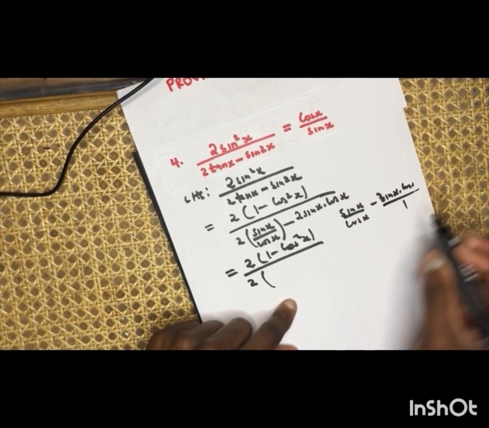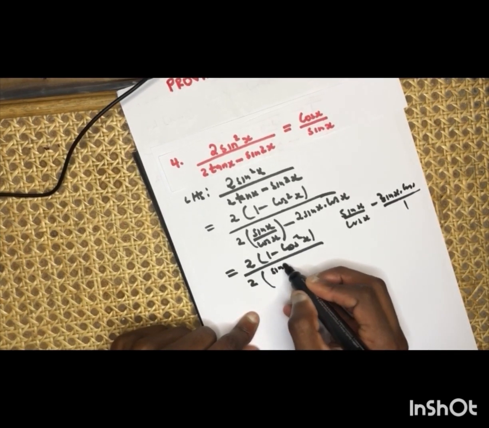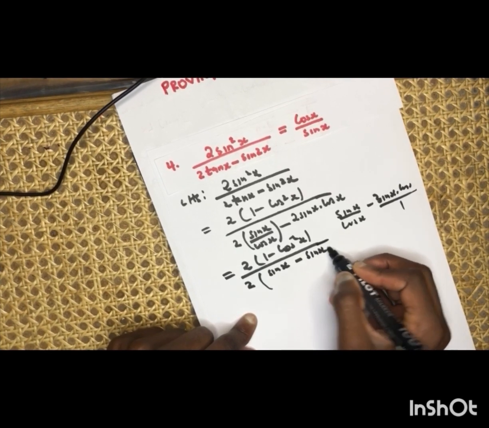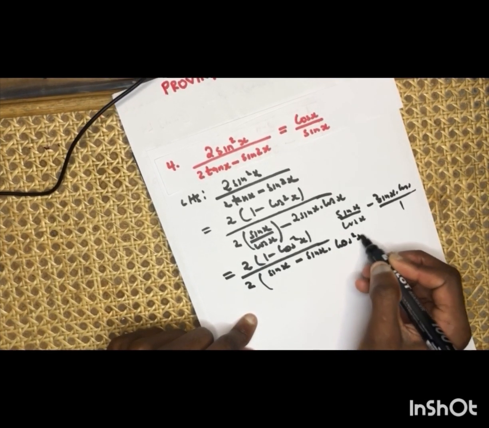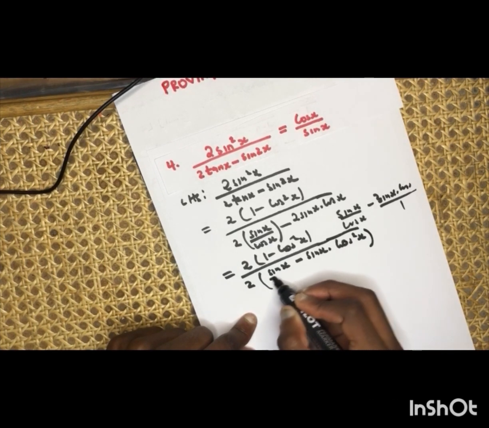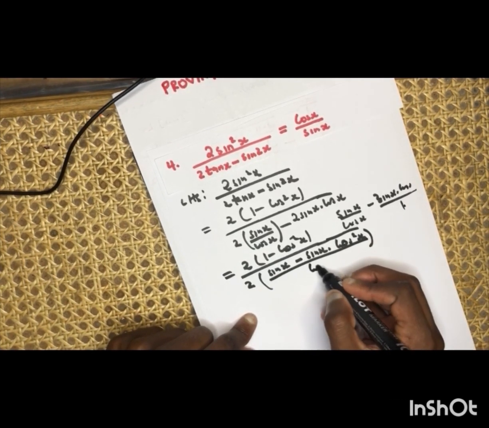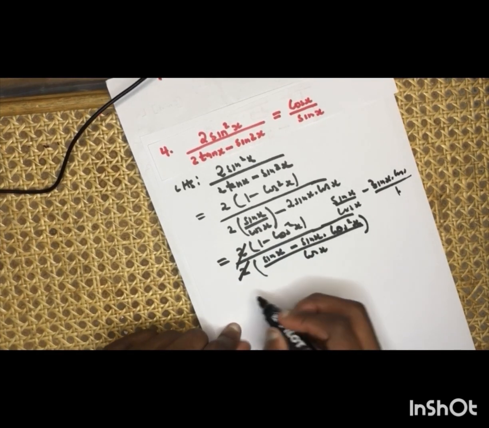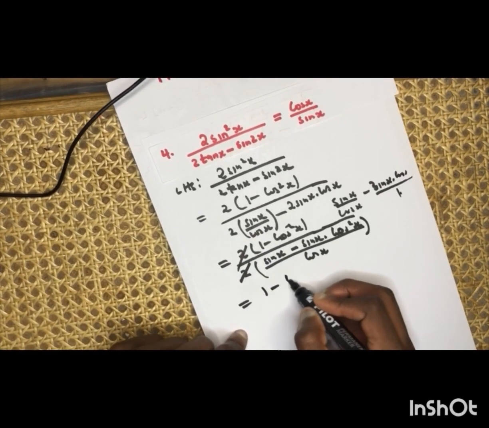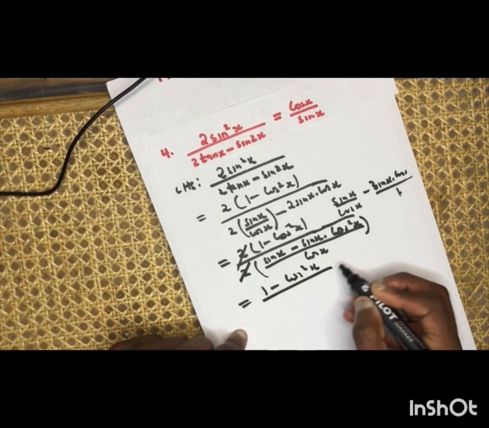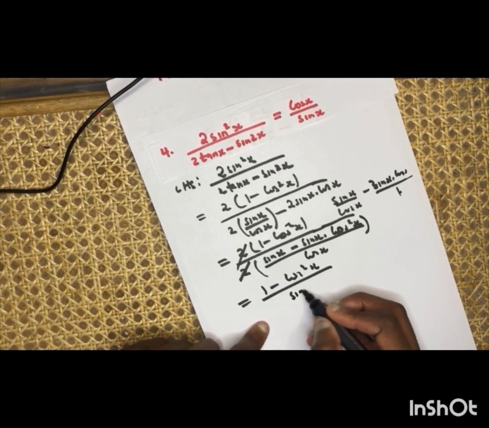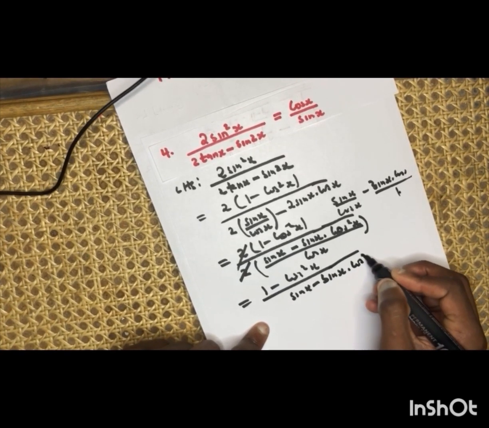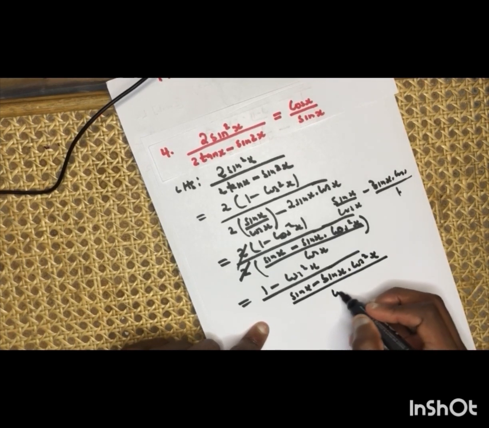If you work this out, it is the same as sine x minus sine x times cos squared x all over cos times 1, which is cos. Can you see these 2 and 2 cancel out? Happy? So I'm left with 1 minus cos squared over sine x minus sine x times cos squared over cos.